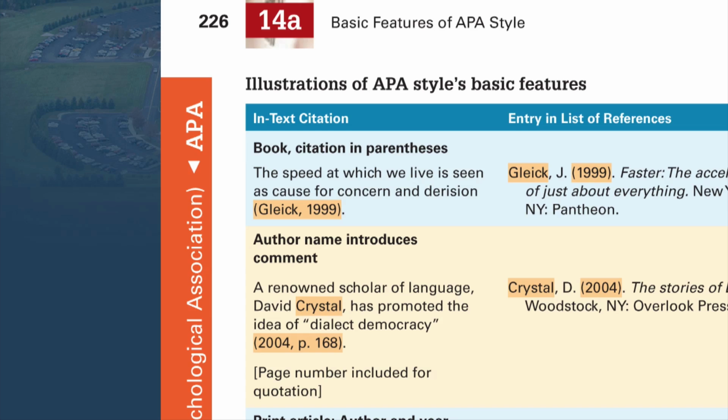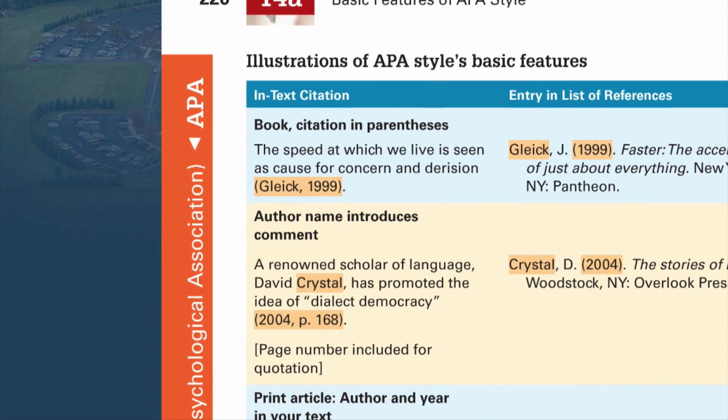As I said, there were a variety of ways to do this. If you just put that sentence about the speed, we don't know who the author is as we read it. That's why you would put the author's name in the parentheses after the information cited.